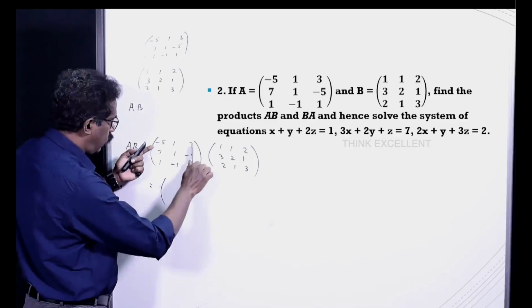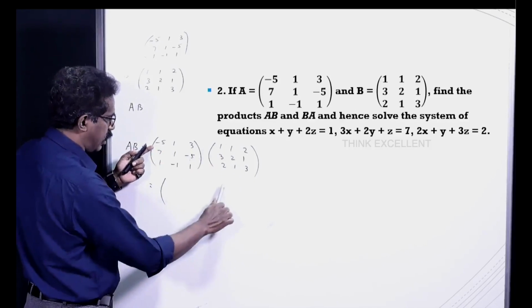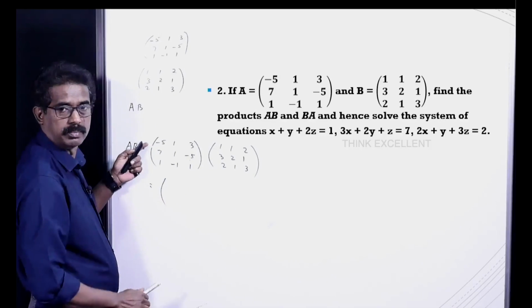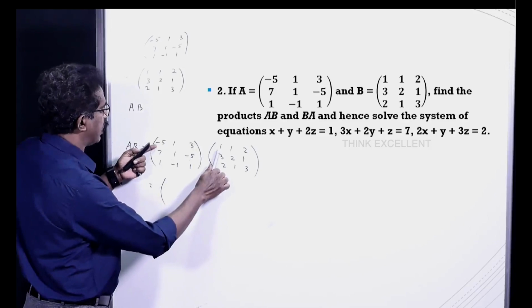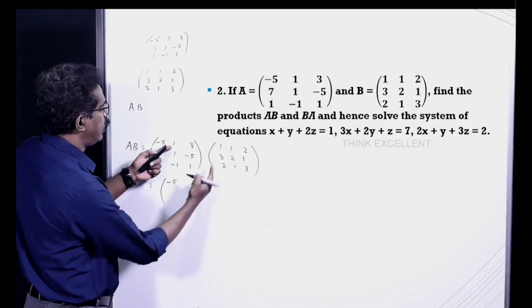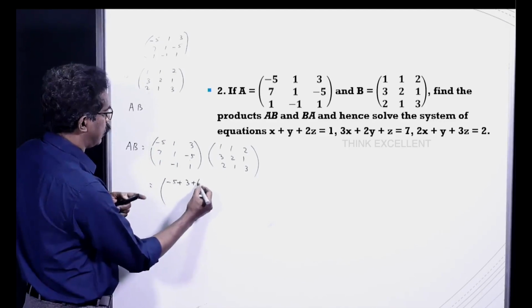Look here. First row, first column: -5 into 1, -5. 1 into 3, 3. 3 into 2, 6.